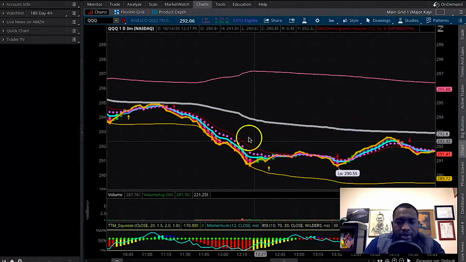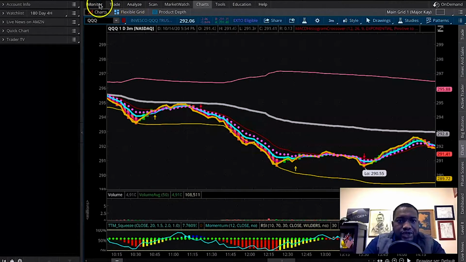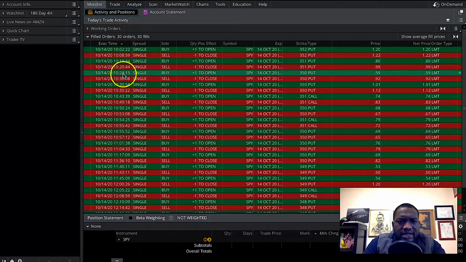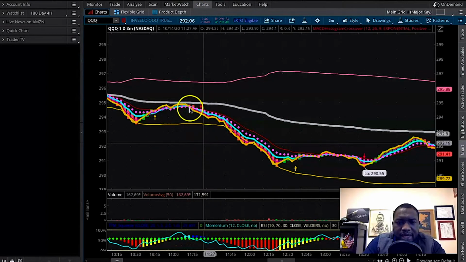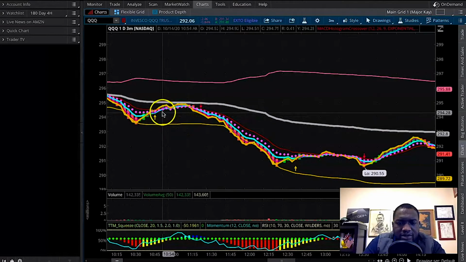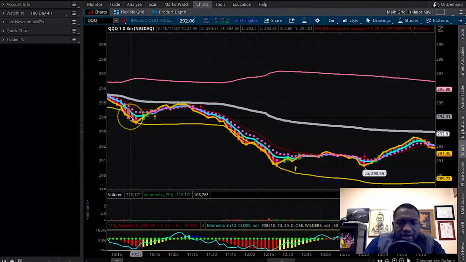Okay, so this was a trade. It was at 10:24. So if you look at the bottom here, this is where the times are. This is where the time is at the bottom. And 10:24 was around here.